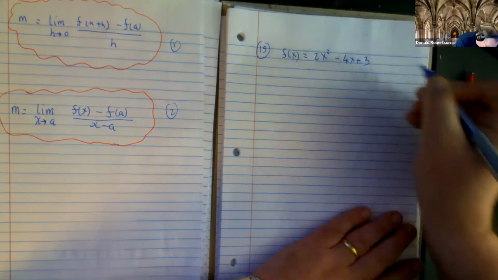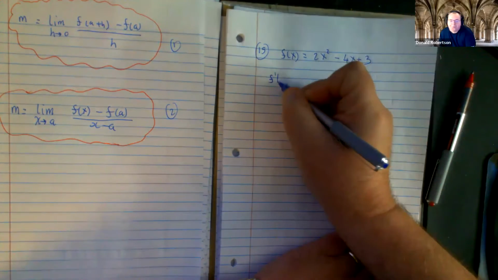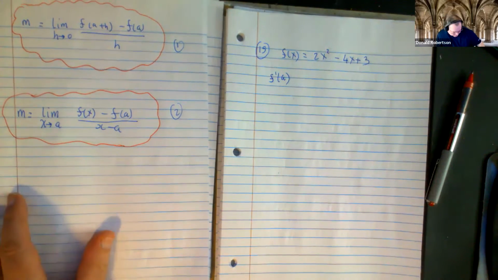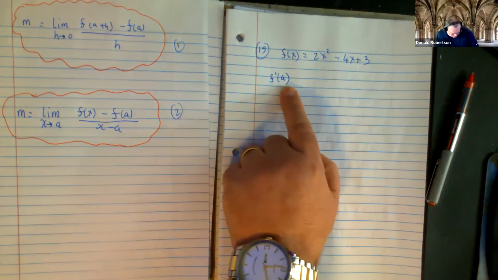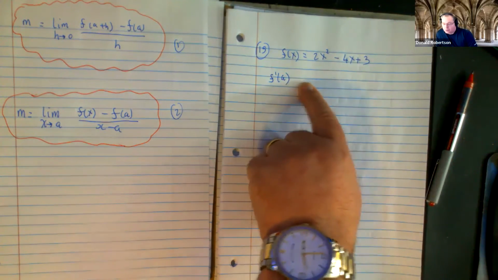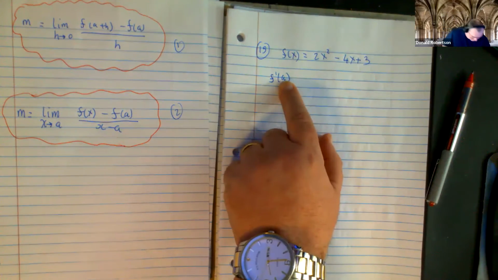And you're being asked to find f dash of a. So they're not giving you a number. They're not saying, find f dash of a and then tell you a is 2 or a is 10. They're just leaving it as a general a.